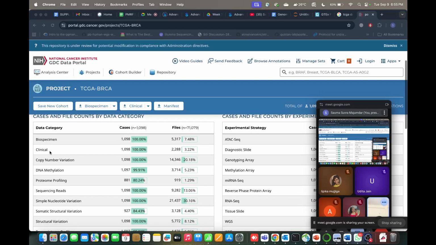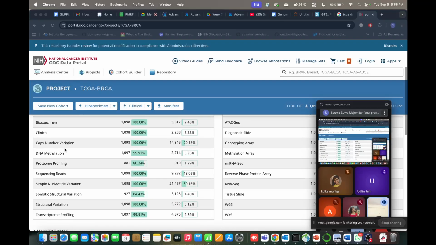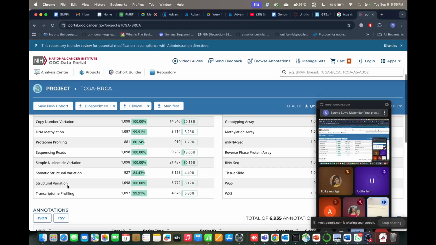So you have basically all the types of information that you can think of. You have biospecimen, clinical, CNV data, DNA methylation data, proteomic data, sequencing data, SNV, small SNV data, somatic structural variation data. So again, in cancer, what happens is basically, if you are in contact with some carcinogen, you will get cancer. Say for example, UV light can cause skin cancer, right?